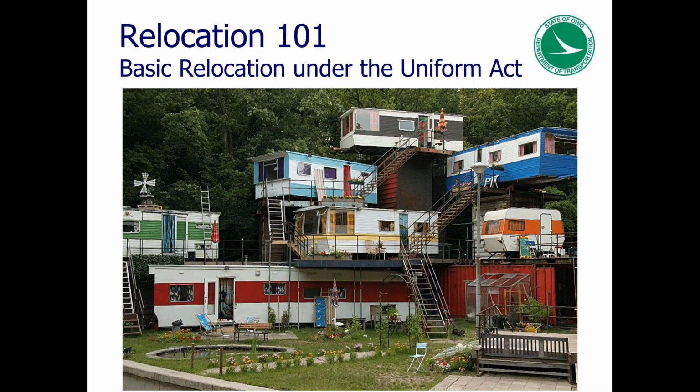It will describe the Uniform Act early planning requirements, describe an agency's advisory services responsibilities, describe the elements of comparable replacement housing, calculate replacement housing payments for owners and tenants, explain housing of last resort, and compute residential and non-residential moving costs.